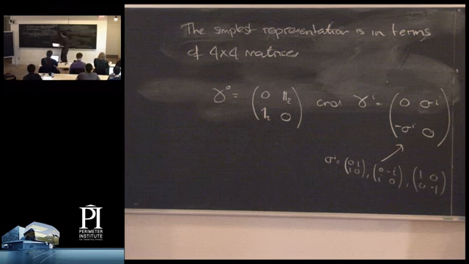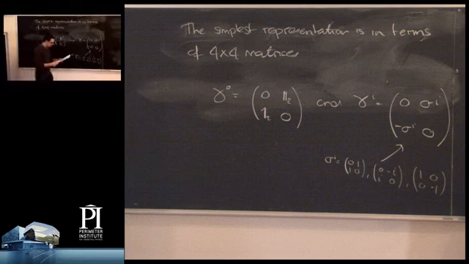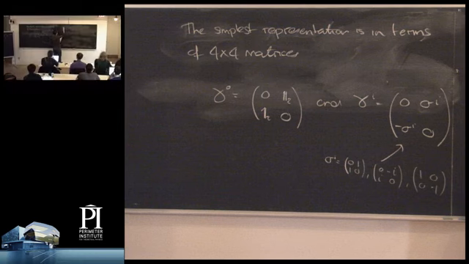Now these aren't the only solution to these equations. You can see that trivially, because if I multiply each of these gammas by a U matrix here and a U inverse here, that's also guaranteed to solve the same equations. So there are many other representations.